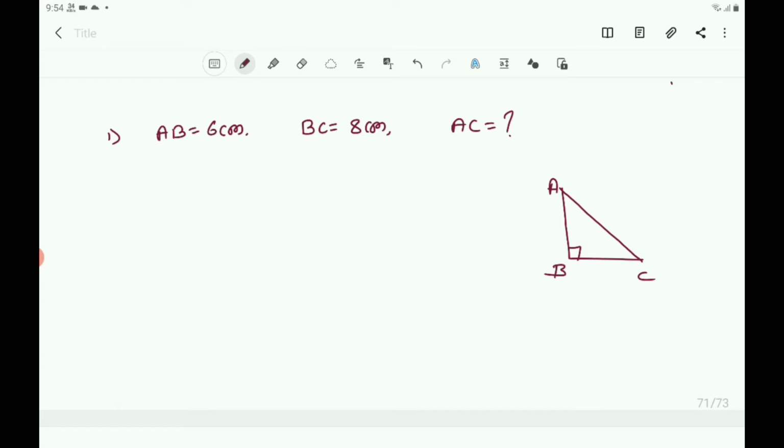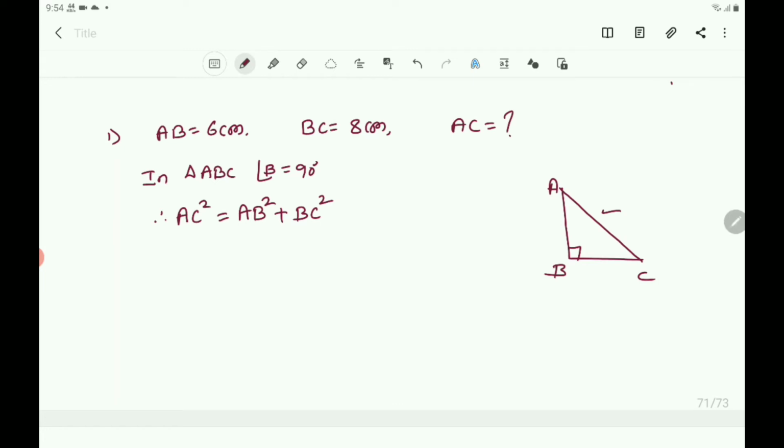You know that it is a right angle triangle. According to the Pythagoras theorem, the square on the hypotenuse is equal to the sum of the squares on the other two sides. So you write first, in triangle ABC, angle B equals 90 degrees. Therefore, AC² equals AB² plus BC².